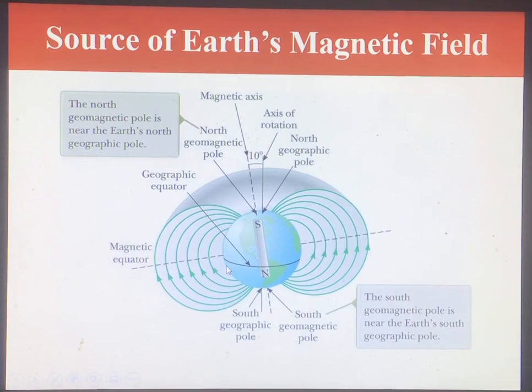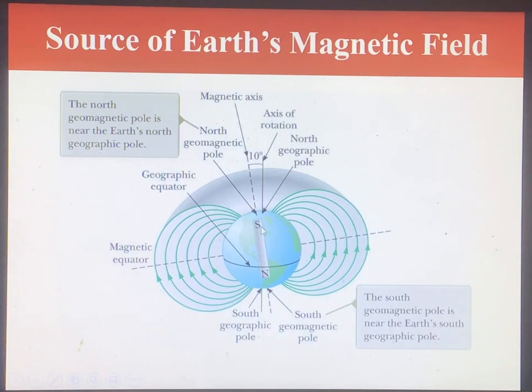All right. So we said that the Earth is also a source of magnetic field. The Earth is considered like a giant magnet. You have the magnetic north and the magnetic south, and you can see that the magnetic field lines always point from the north to the south, going from here to here.